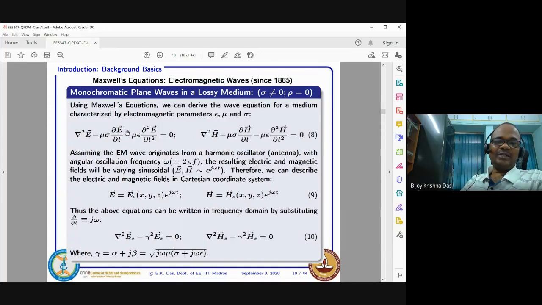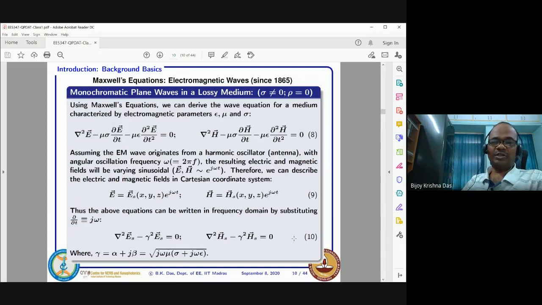So del t of E will give you j omega outside, so j omega times E again. And if you take the second derivative, you make the partial derivative of this term 2 times, that means you will get minus omega square. So if you put del t equal to j omega here, you can consider this as an operator now because you know the nature of the time dependencies. Then equation 8 will reduce to equation 10.